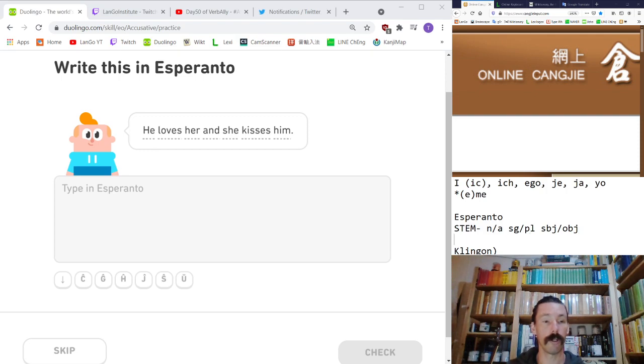And what those pieces are: noun or adjective is O for a noun, A for an adjective. Nothing for a singular, and in the plural it's j. And for the subject marker, that's if there's nothing.